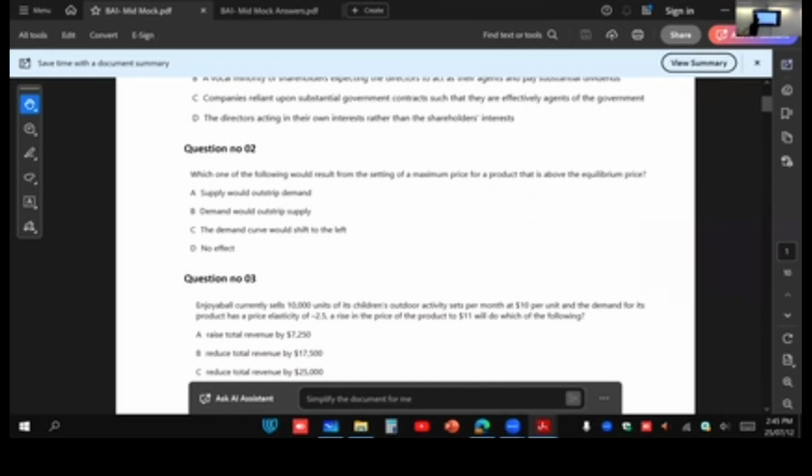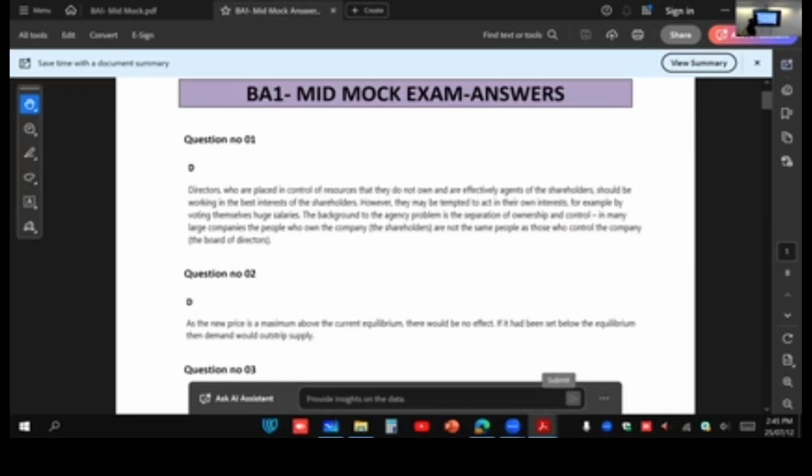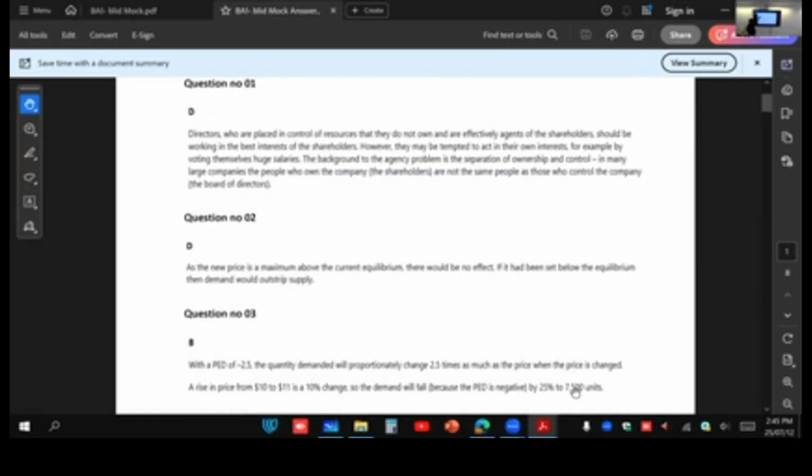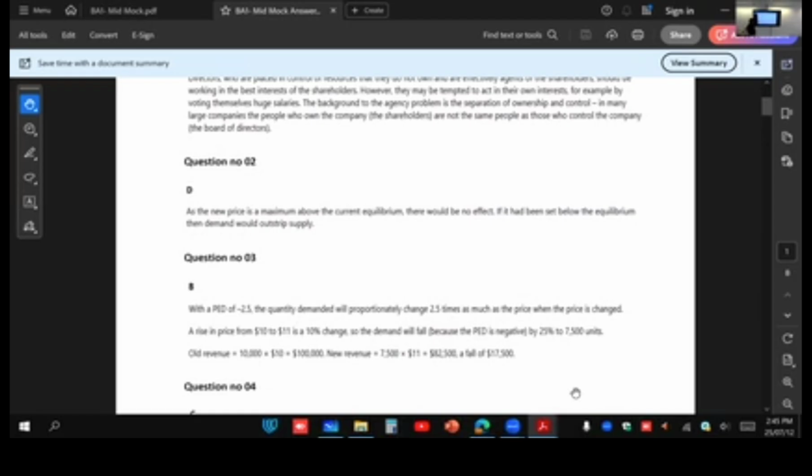What's the answer? Which one of the following would result from setting a maximum price for a product that is above the equilibrium? What does they say? Read. Can you see? As the new price is maximum above the current equilibrium, there would be no effect.